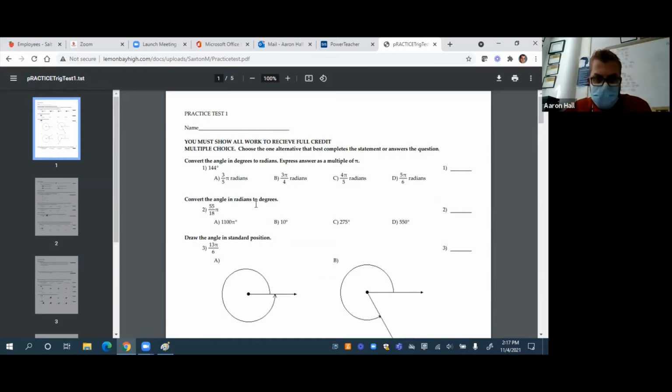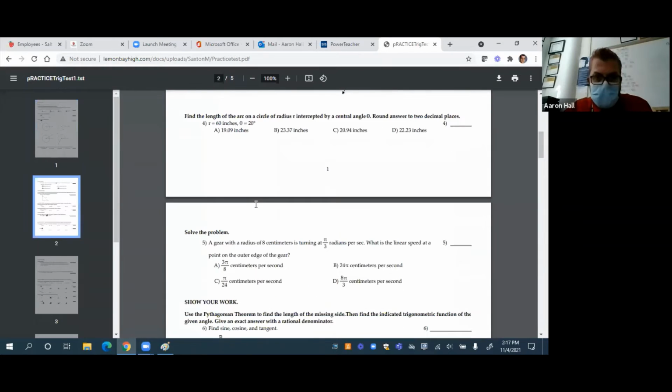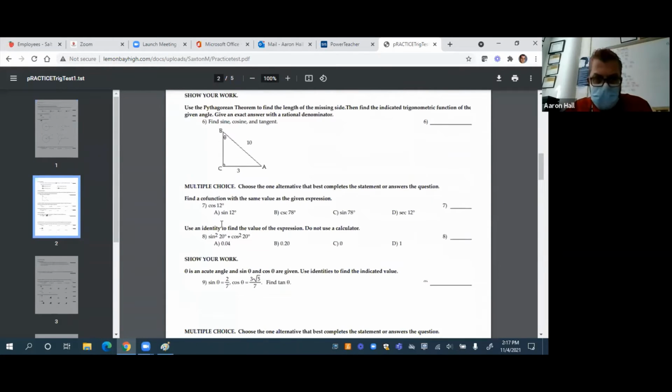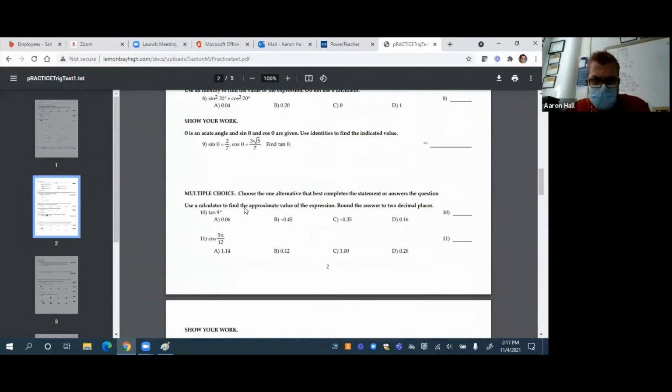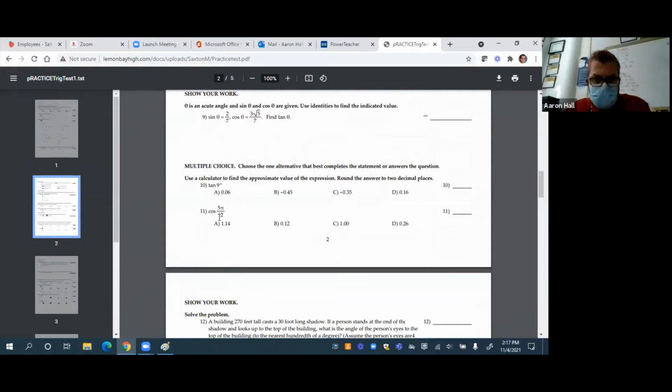That's less important. What I really want to figure out is problems like this one here, cosine of 5 pi twelfths. I think they used a calculator with that one.